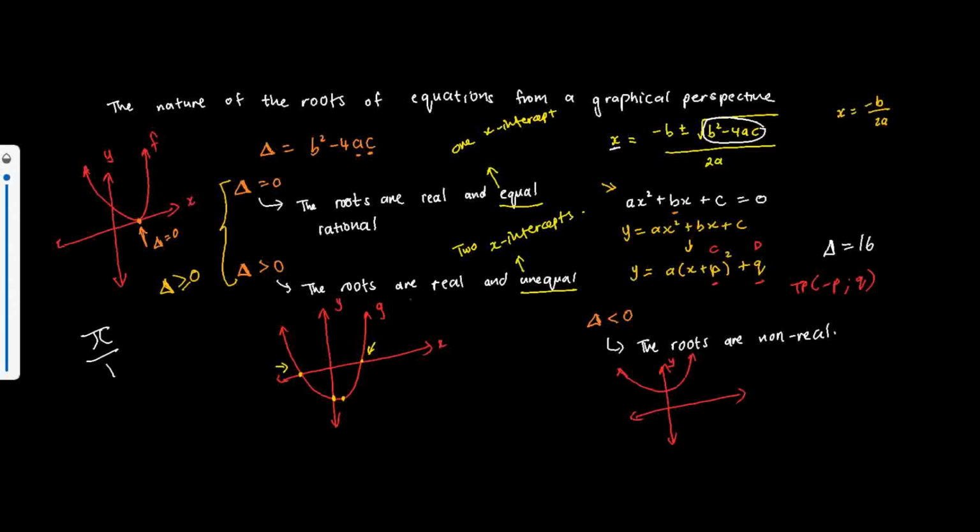In all my examples so far, I was just looking at the parabola being concave up, meaning that there's a positive a value. But of course, sometimes you can have a frowning graph, and that is when a is negative.